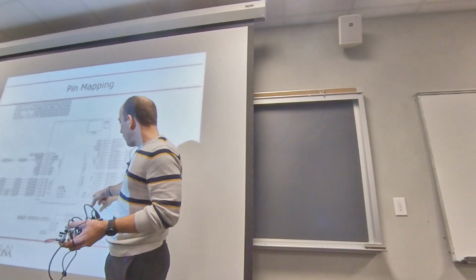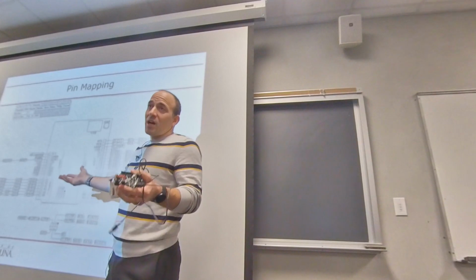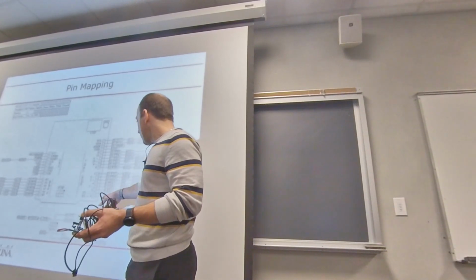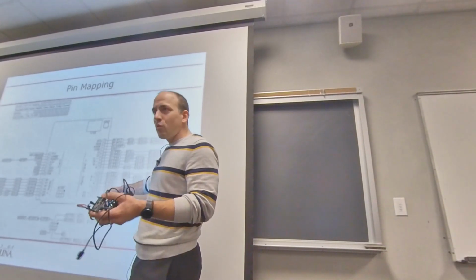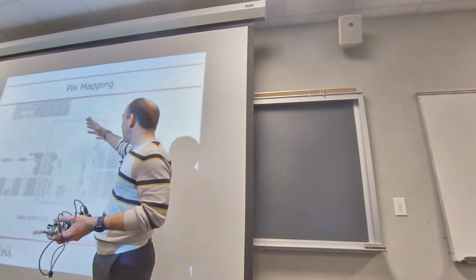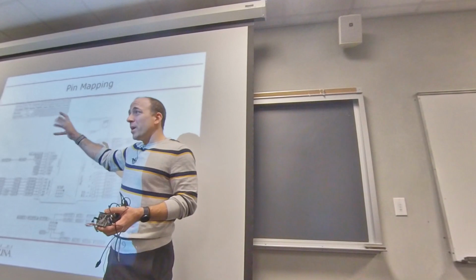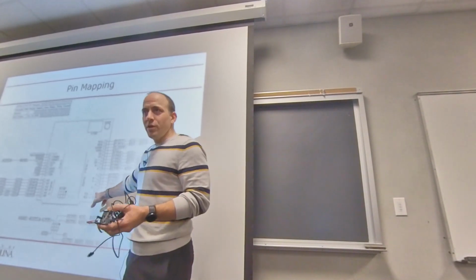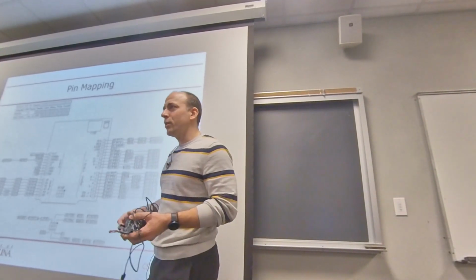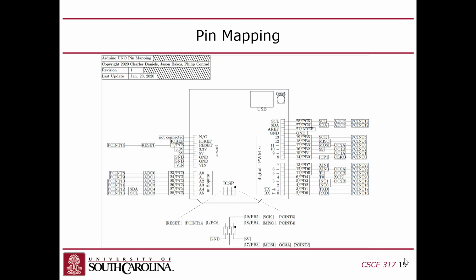So even though you might say, well, can I use PD 0 and 1 and still use USB over UART? Possibly, but I wouldn't risk it. I would just stay away from those two, right? Because then you risk screwing up your UART connection. So I'll start with PD 2, and I'll go up to PD 5, right?